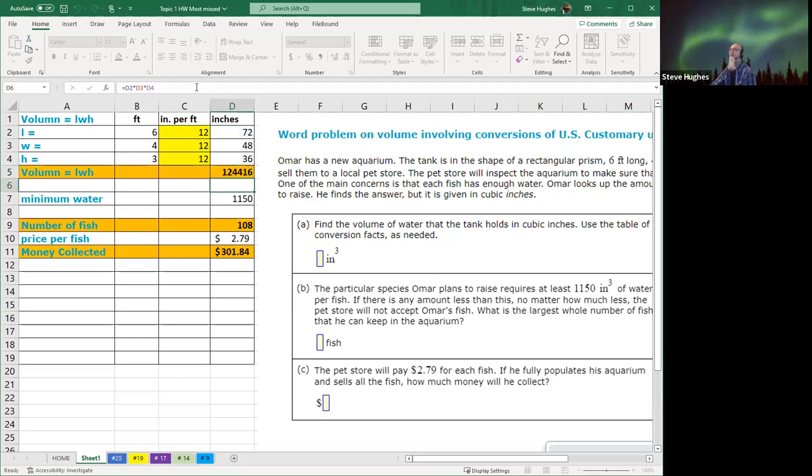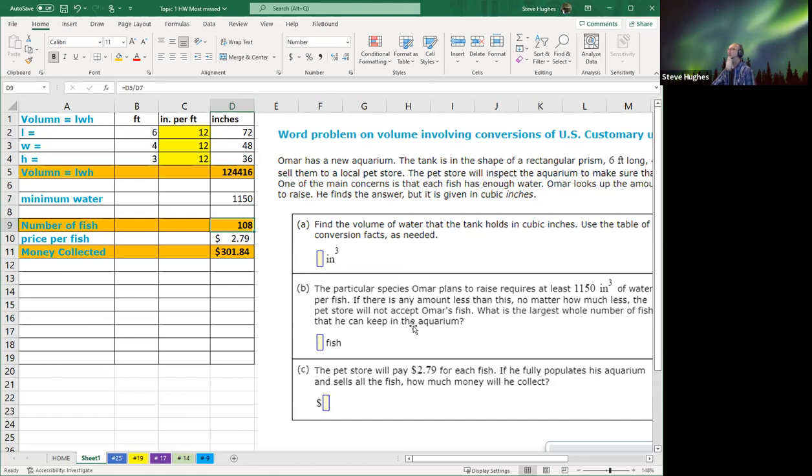Hit enter here, and it tells me I have 124,416 cubic inches of water. Now, it says here the fish that he plans to raise require 1,150 cubic inches per fish, so I just typed in 1,150.